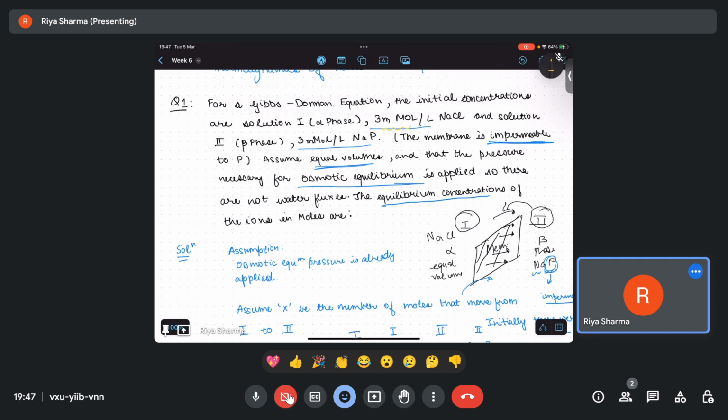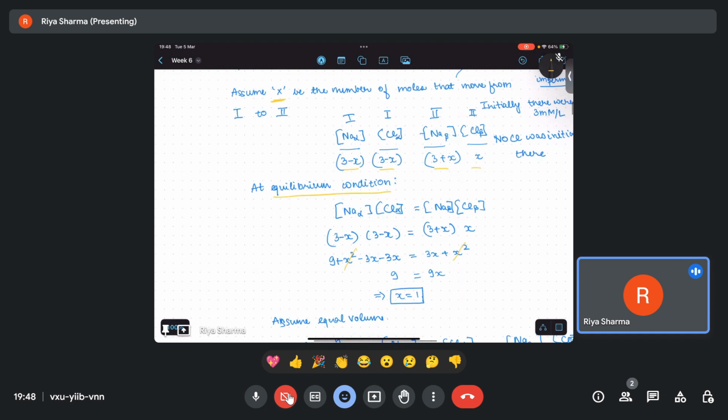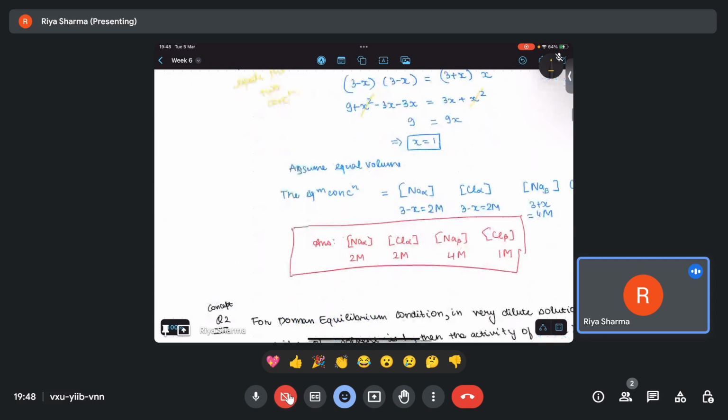Some millimoles of NaCl were given, and there was one impermeable membrane. So we have to take x moles going here and there, and manage the concentration. At equilibrium, we have to equate the two concentrations.